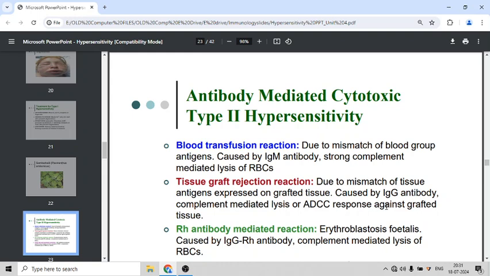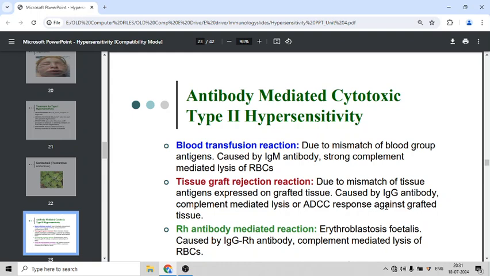However, if the immunosuppressive drugs are not used, what happens? The IgG antibodies produced against the mismatched antigens by the host will react on the tissue graft and bind to the tissue antigens. On binding, the IgG antibodies will initiate complement mediated lysis of the graft.